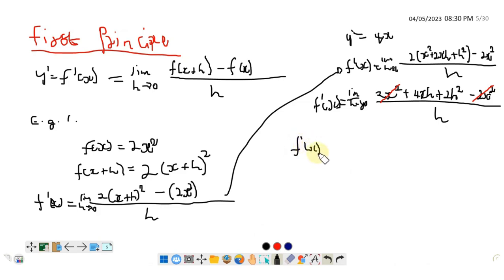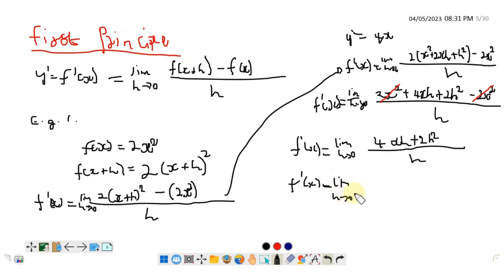Writing f'(x) equals the limit as h approaches 0. Now I'm left with 4xh plus 2h squared all over h. I see I have h in this term and h in that term, so I can take h out as the common factor.